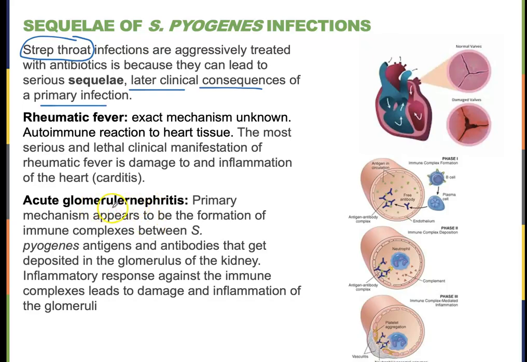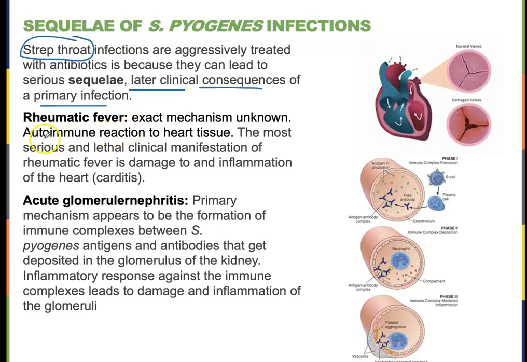I was thinking I misspelled that. Rheumatic fever is where the microbe, this bacteria, causes some kind of autoimmune reaction to the heart tissue. So something on the surface of the strep pyogenes, they don't really know exactly how, but it makes your immune system recognize heart tissue.